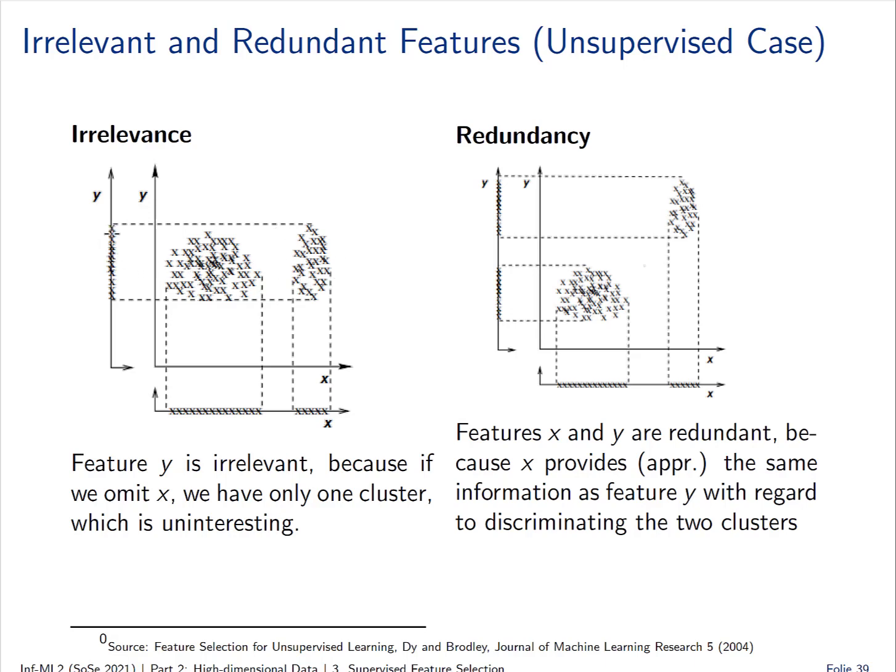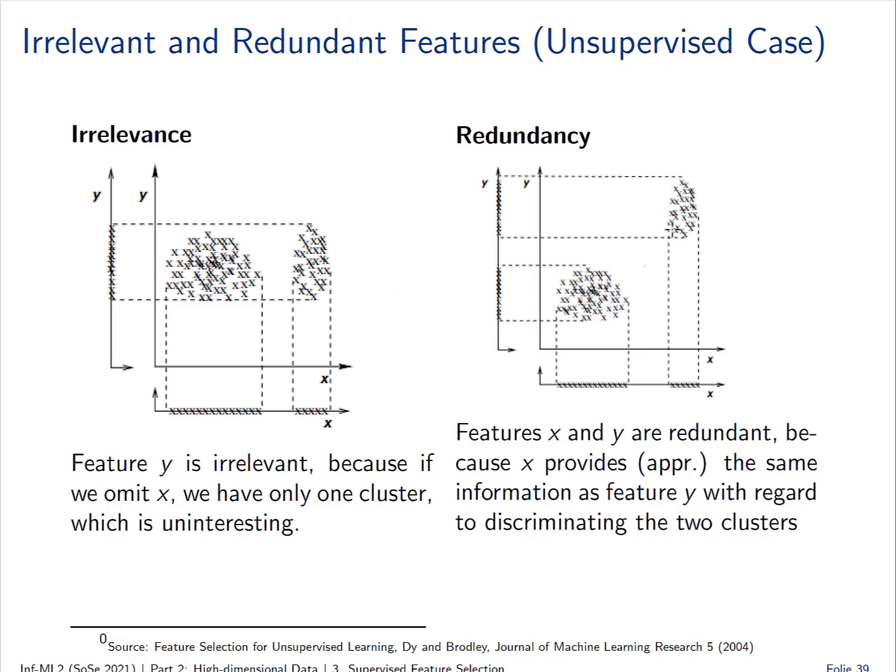It's even worse because we don't see any of these two clusters in this feature. The x feature is relevant, obviously, because in order to discriminate between those two clusters, we need this x-axis. So feature y is irrelevant because if we omit x and only look at y, we have only one big cluster and no pattern anymore that we probably could have found.